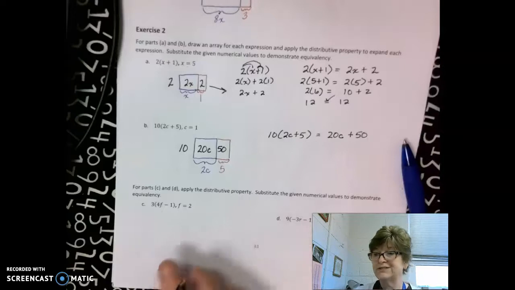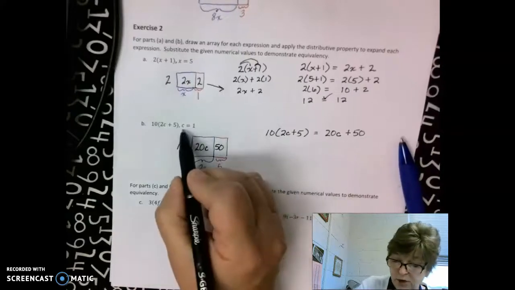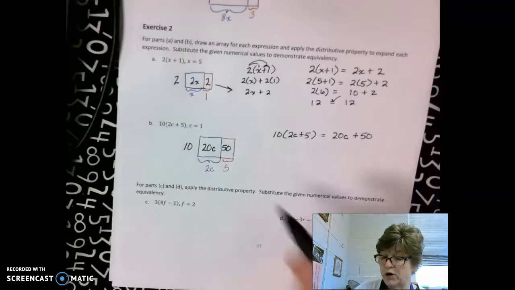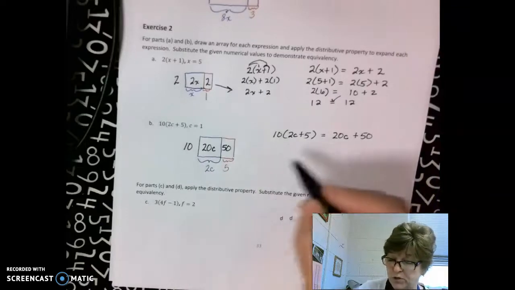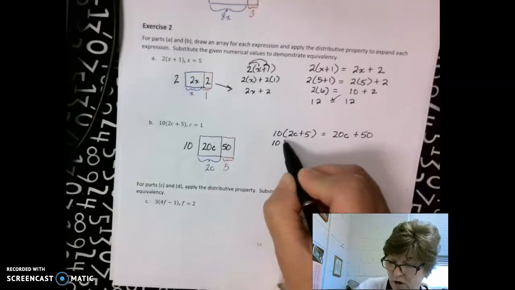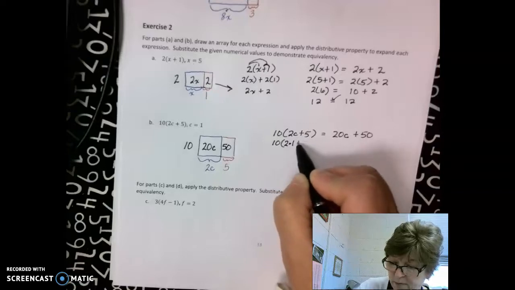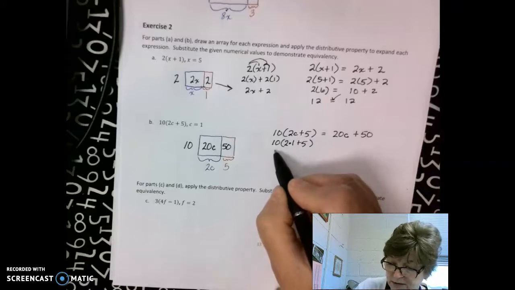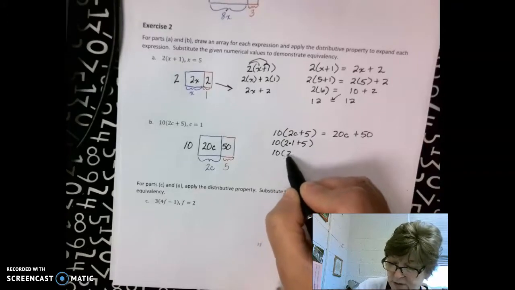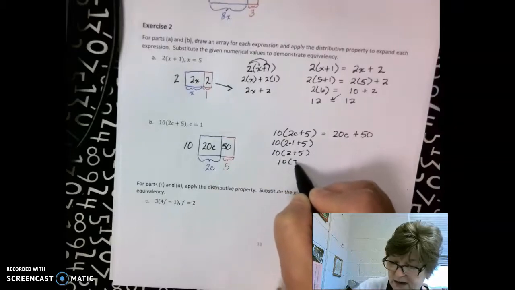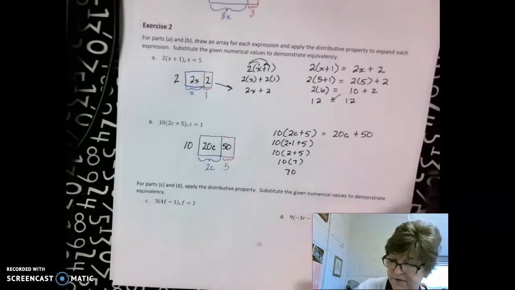So now we're going to test it again. And we're going to come down here to c, that c is equal to 1. And we're going to plug c in or substitute 1 in for c and check for equivalency. So 10 times 2 plus 5, 10 times 7 with a total of 70.